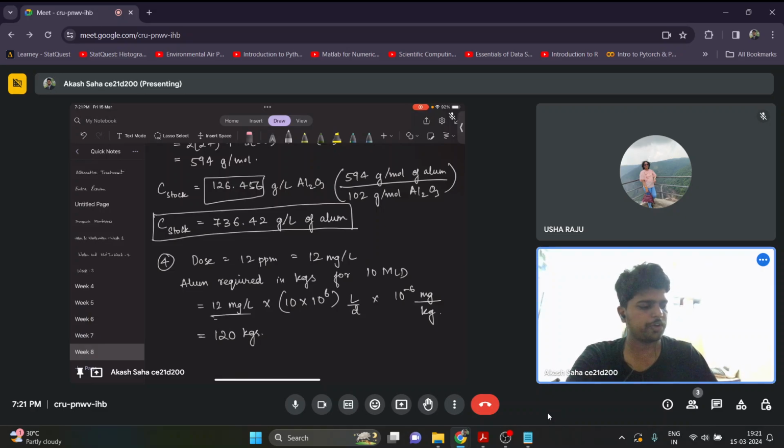So 12 milligram per liter into 10 MLD into the unit conversion will give me 120 kgs. So directly we can get it in terms of kgs.